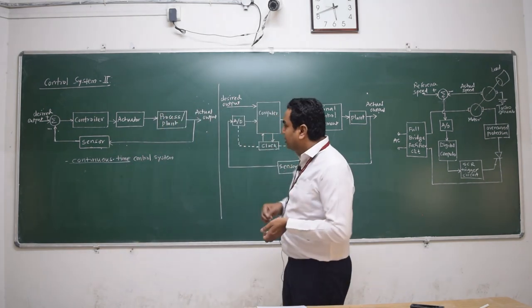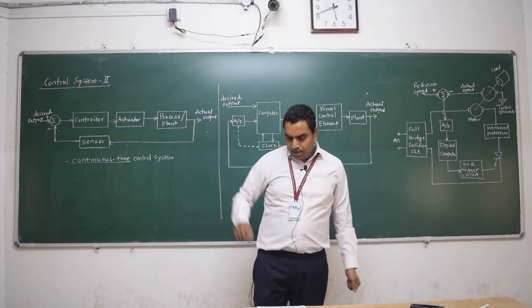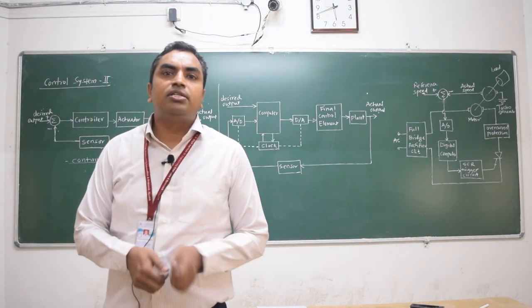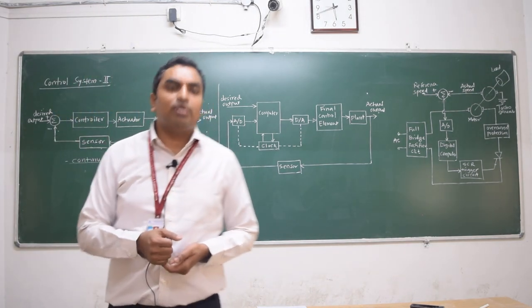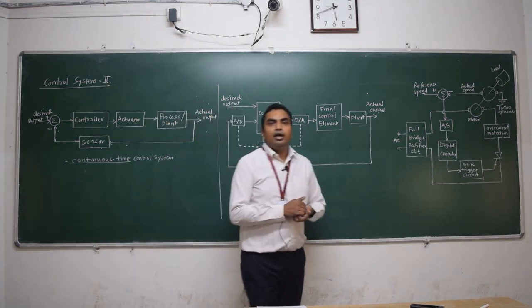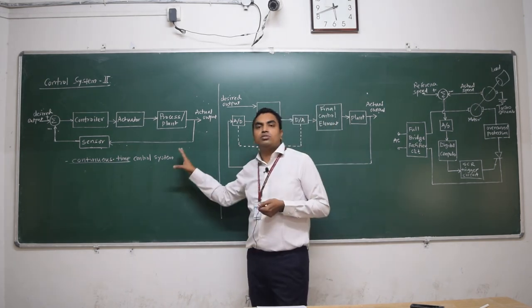So when I say digital control system, if I take the same example of driving a car, consider an autonomous vehicle, a vehicle which does not have any driver, right? An unmanned vehicle is an example of a digital control system.